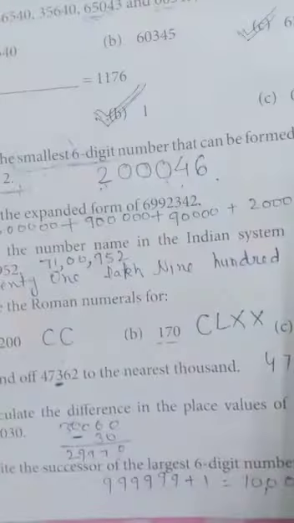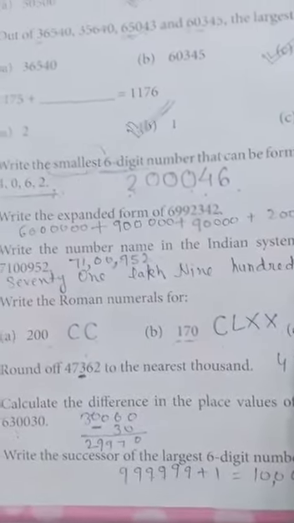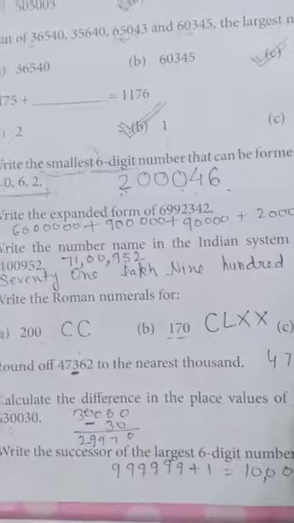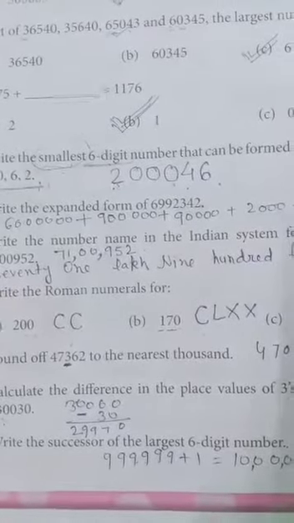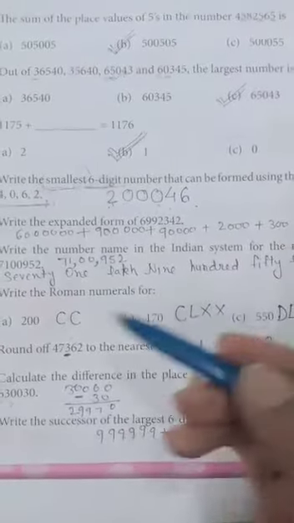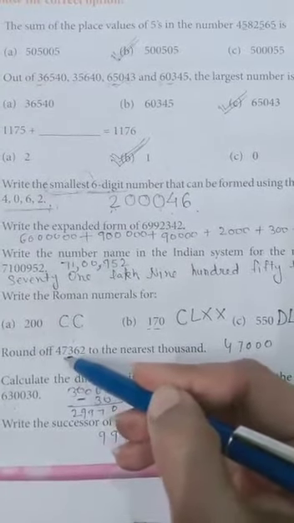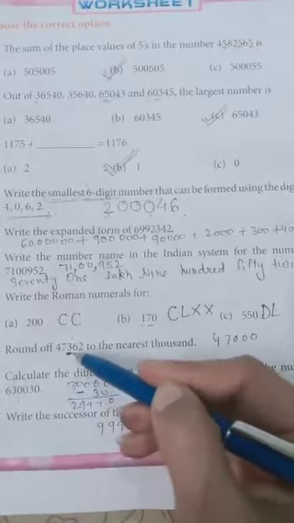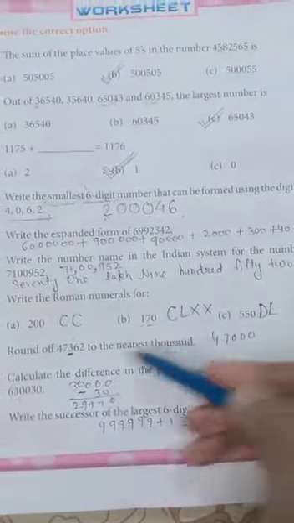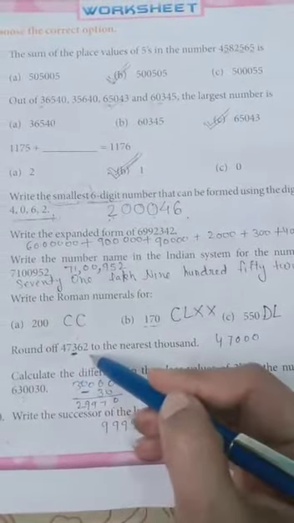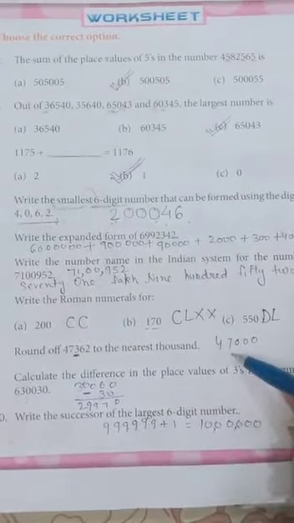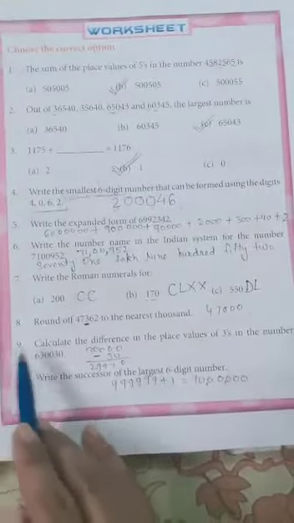It is 3. So first check that it is greater than 5 or equal 5 or less than 5. So 3 is less than 5, means there will be no change in the thousand digit. So the rounded value to the nearest thousand of 47,362 will be 47,000.